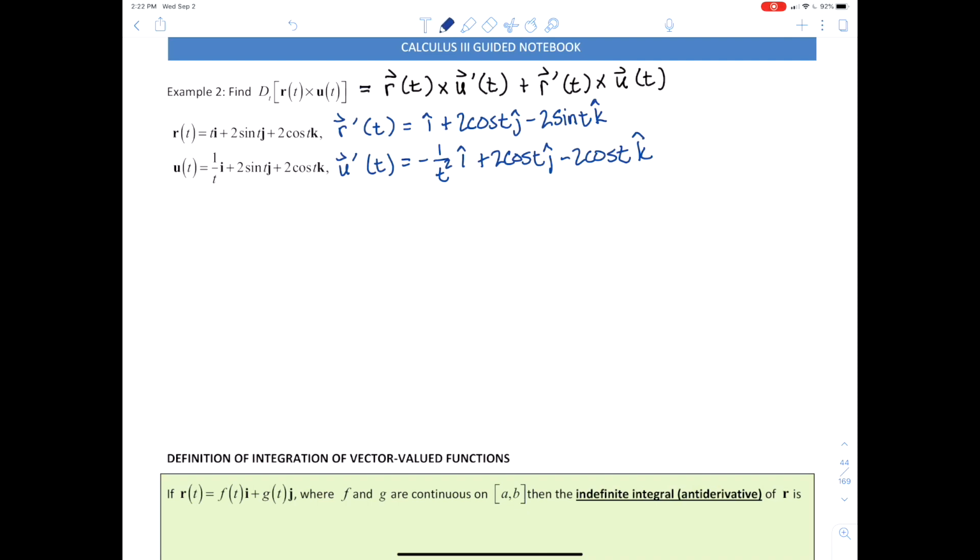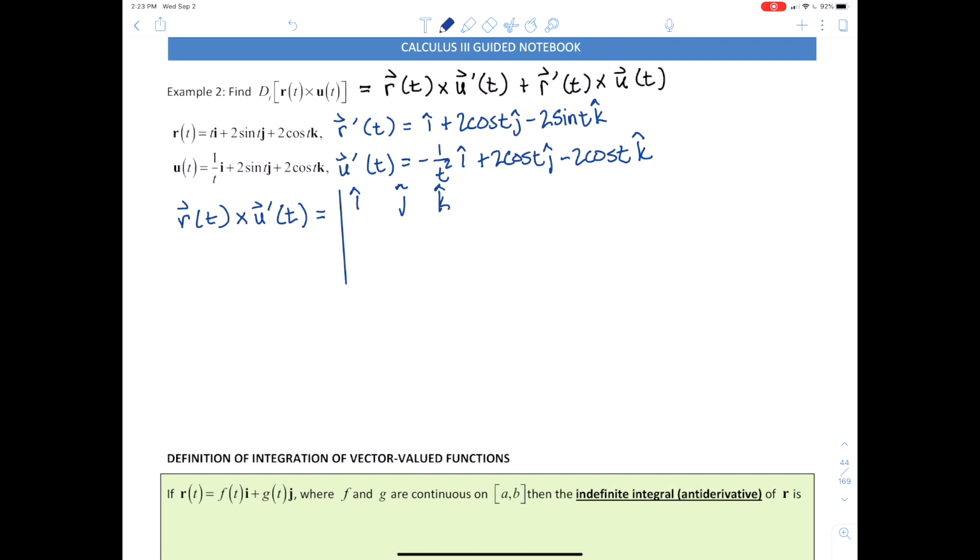So r at t cross u prime at t is going to be equal to the determinant, and we'll have our i, j, and k, and then for the next line, what are we going to have?